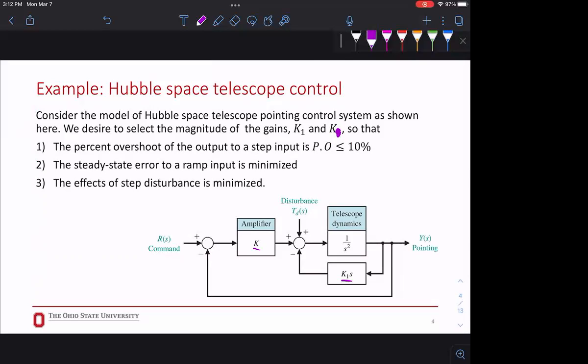So we are going to check the steady state error for R(s), which is a ramp, A over s squared, and for our disturbance, we want to know the effect of a disturbance that is A over s. This is a real design problem, because you're trying to pick K and K1.